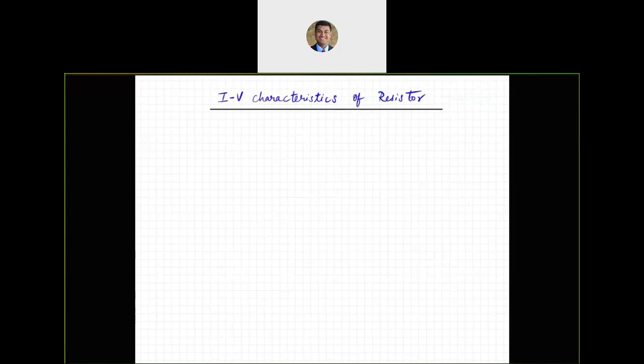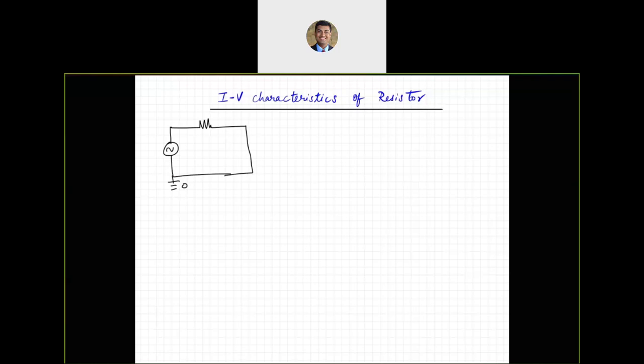However, before we talk about the current voltage characteristics of the diode, we are going to quickly remind ourselves of the IV characteristic of the resistor, and we can actually talk about the capacitor and inductor as well. So if you have, say, a voltage source over here that you have connected to a resistor, and this is ground, say, and this is the AC voltage source.